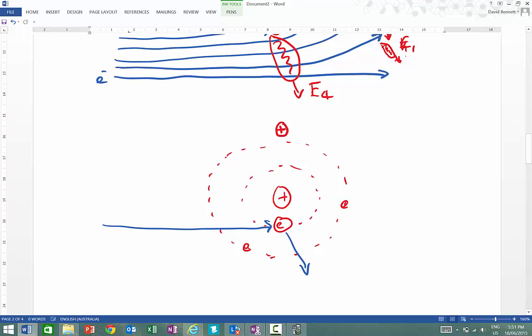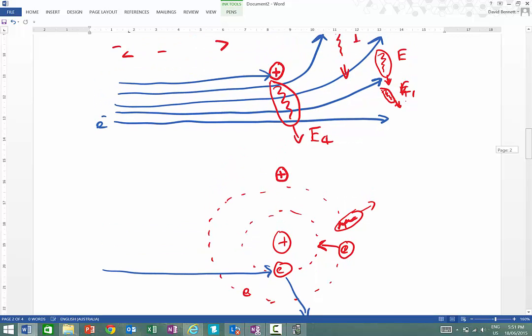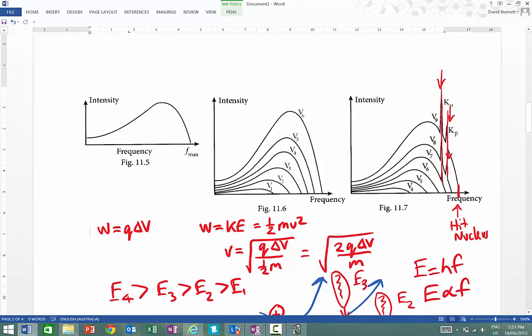Then one of the electrons in a higher energy shell will fall down from there to there. As it does that, it's going to eject a photon with a certain amount of energy, and that energy relates to the difference between the electron shells. So you're going to see quite specific spikes related to those particular frequencies, which relate to the energies.